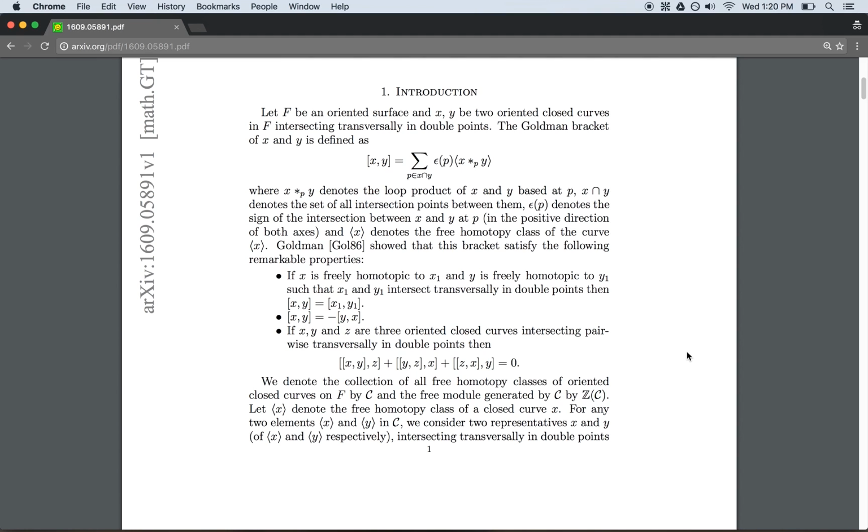If x, y, and z are three oriented closed curves intersecting pairwise transversely in double points, then [[x, y], z] plus [[y, z], x] plus [[z, x], y] equals 0.